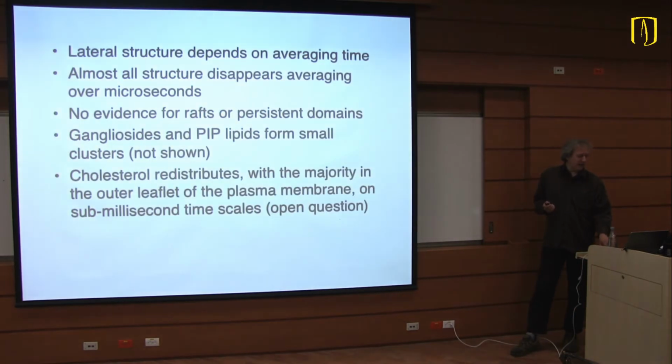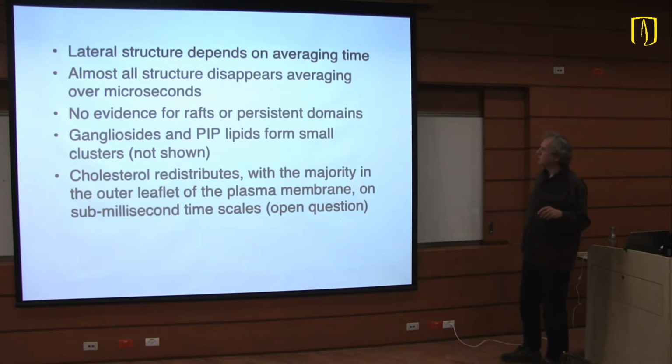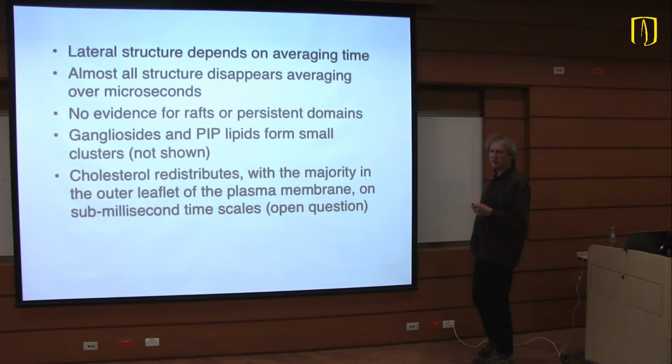So what we find, just summarizing, is that the structure depends on averaging time. That makes sense. On a very long time scale, you expect almost all the structure to be on average 0, but you could still have local structure for parts of the simulation. On microsecond timescales, almost every structure disappears in these mixtures. And that's relevant in biology because people are arguing about transient small clusters of lipids that are biologically relevant as platforms for signaling.